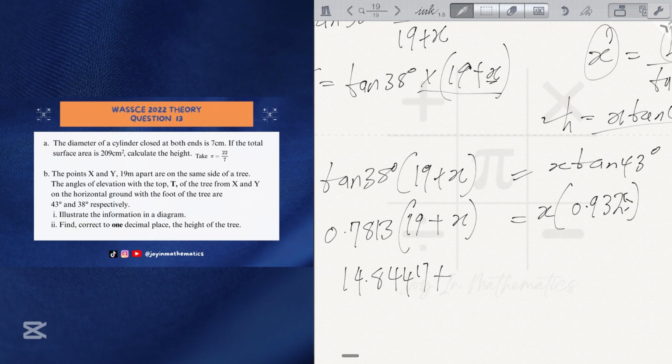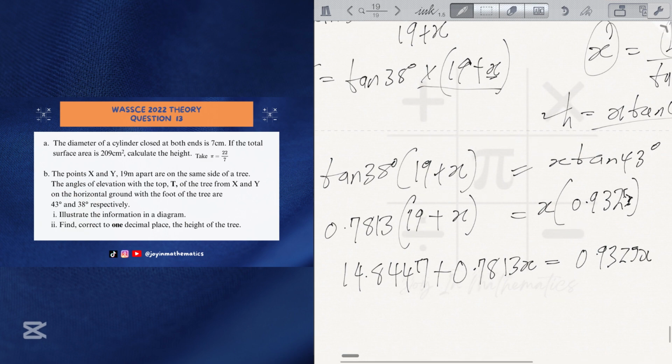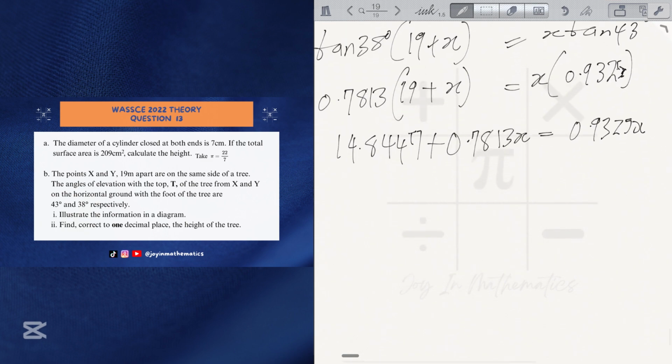So solving further, if you open the bracket, we'll have 14.8447 plus 0.7813x to be equals to 0.9325x. So with this, we can find the value of x. We move this to the left hand side, so we are left with 14.8447 to be equals to 0.9325x minus 0.7813x.